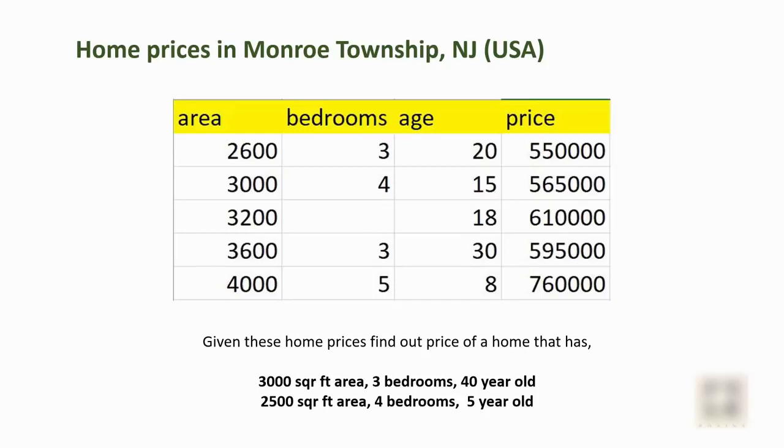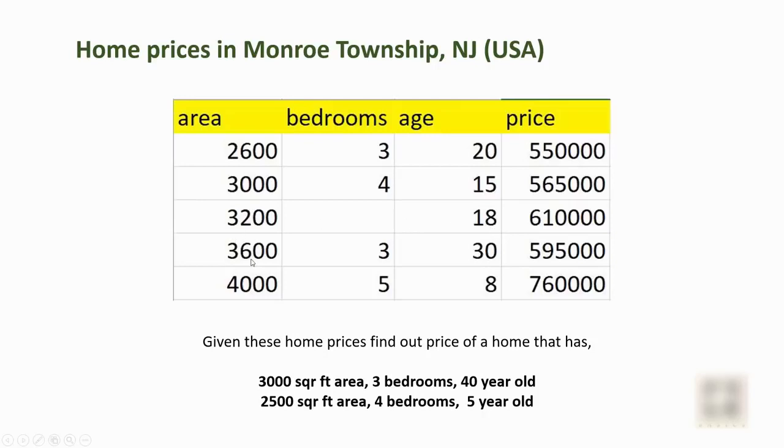Another thing that I notice is there is a linear relationship between each of these factors and our target variable, which is price. For example, as the home gets older, the price tends to go down. Here I have a 3,200 square feet home with 18 years of age, and the price is more than 600,000.